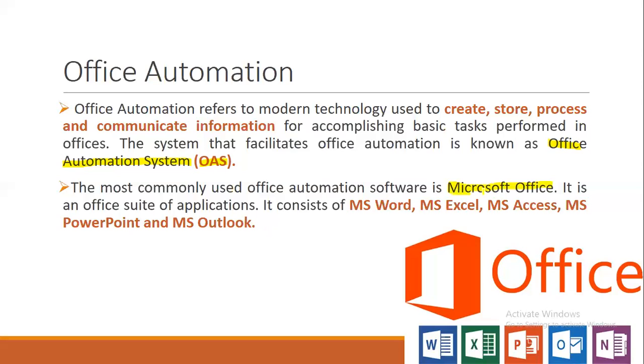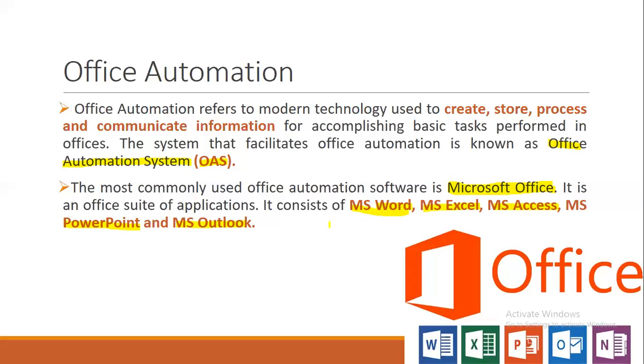We all are familiar with the word Microsoft Office, and most of us have already used some tools from the Microsoft Office. It contains a wide variety of applications like MS Word, MS Excel, MS Access, MS PowerPoint, and MS Outlook.